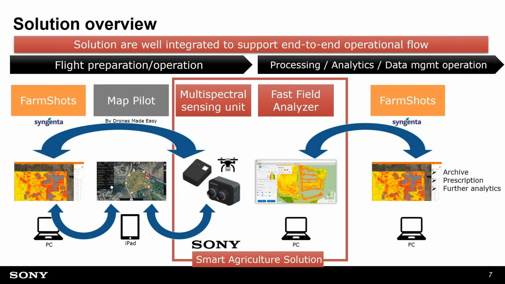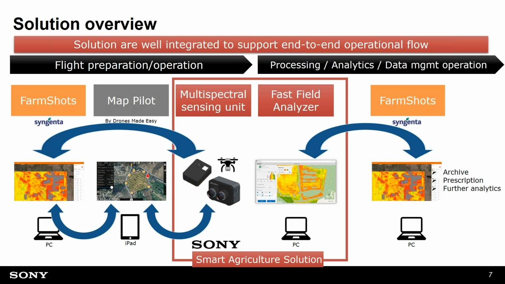Now, considering the operation of drones and analytics, the end-to-end workflow is supported in conjunction with our partner solutions. For flight preparation and operation, our system is well integrated with the farm management service called FarmShots, provided by Syngenta, and also the flight planning and control software called Map Pilot, which is provided by Drones Made Easy.